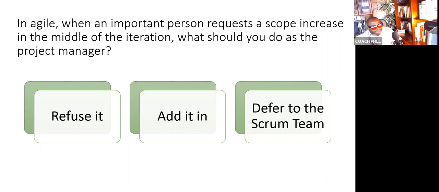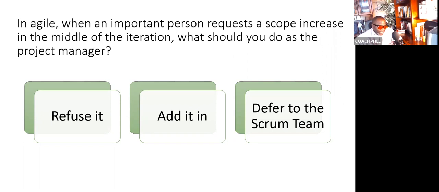It wouldn't be to add it in because remember, we forbid as much as possible any change. So in the middle of the iteration, someone wants a scope increase, you wouldn't just add it in. Remember, all of these things mess up your velocity. All of these things need to be weighed by that accountable person who is really the product owner.